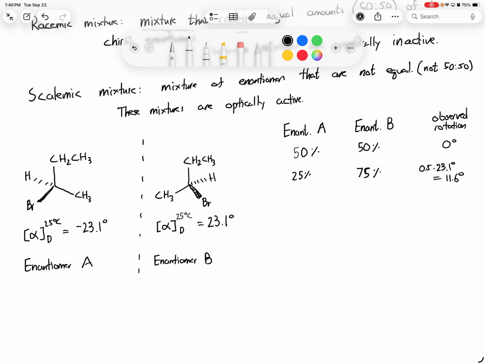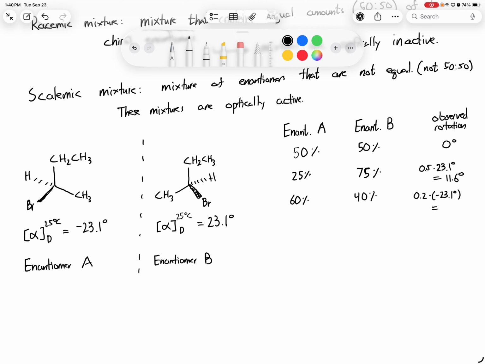All right. Now let's do this one. How about 60% of A and 40% of B? How much excess do I have in this case? 20% of which one? A. So we're going to use 0.2, that's 20%, times negative 23.1 degrees.